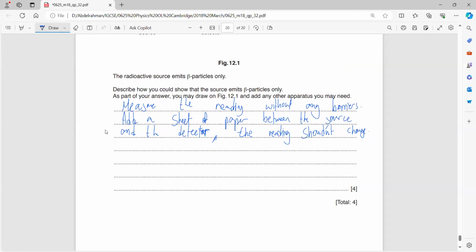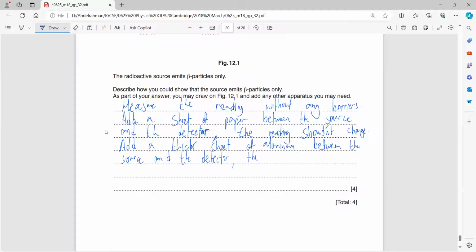And then add a thick sheet of aluminum also between the source and the detector.